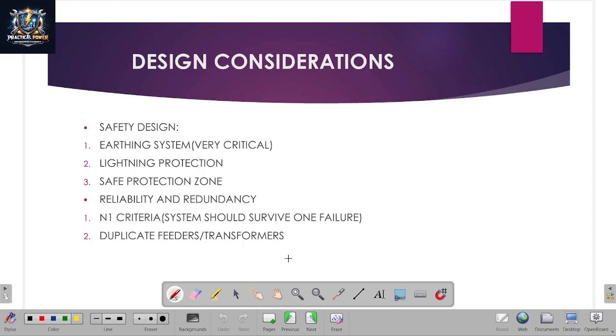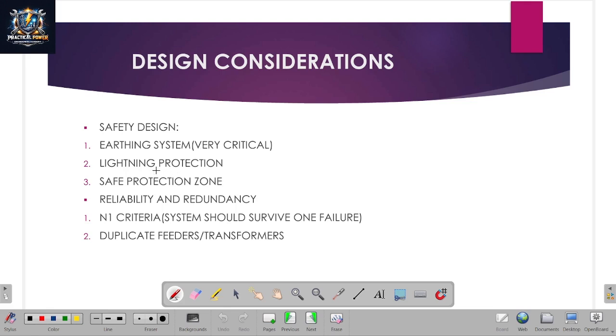Then design considerations for the earthing system. The earthing system is the most vital part of the power system. It's very critical. Before designing the earthing system, we have to calculate the earth resistance and resistivity. According to that, the earthing calculations are there, which we will study in detail in the next classes.